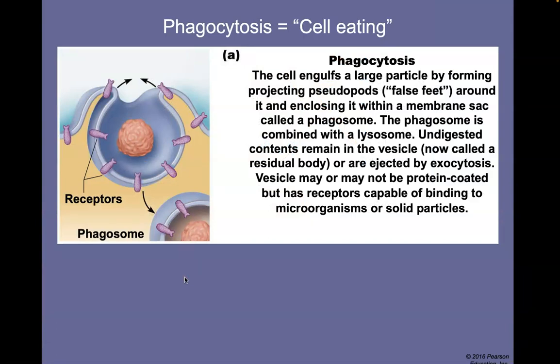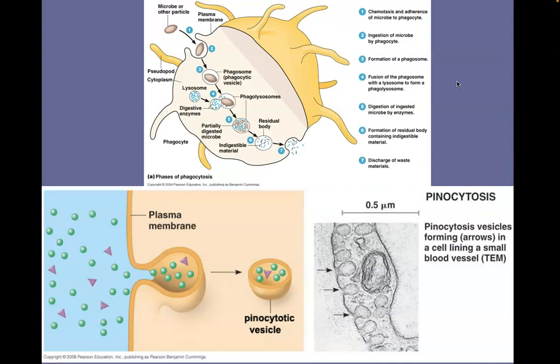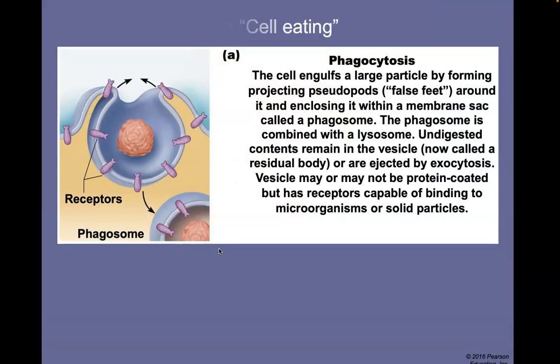Phagocytosis is what we call cell eating, and it's where we're engulfing large particles. Somebody early on called it pinocytosis because they thought it was mostly liquid, since they couldn't see all the small particles. But it's actually bringing in small particles inside a vesicle, where phagocytosis is big stuff. That's bringing in large molecules, okay?